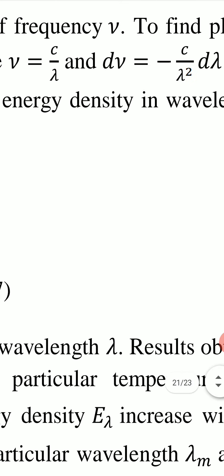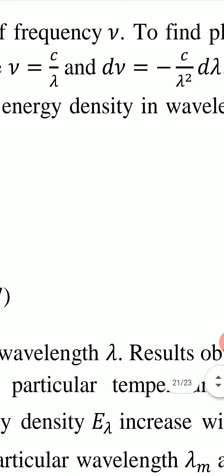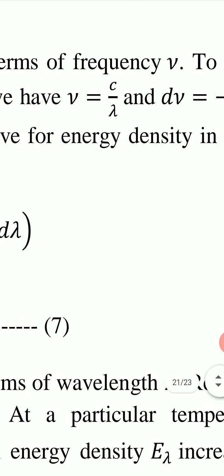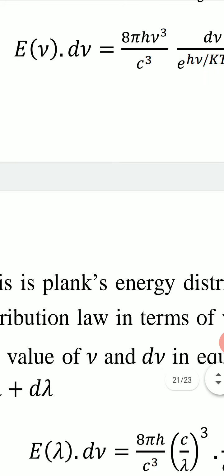Differentiation of 1 upon lambda is minus 1 upon lambda square d lambda. So we put the value of nu equal to c upon lambda, and we put the value of d nu, which is equal to minus c upon lambda square d lambda, in the right hand side of this relation.